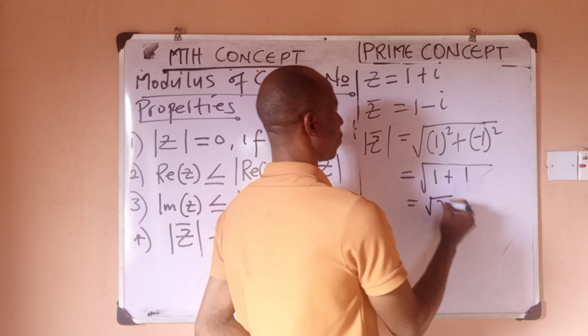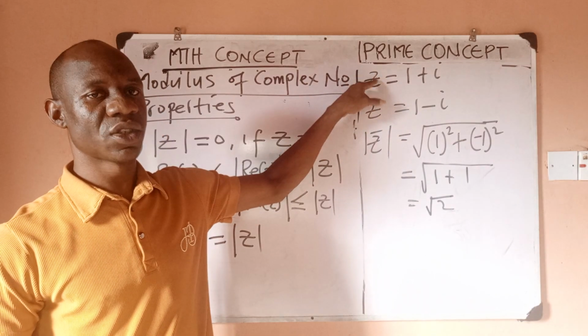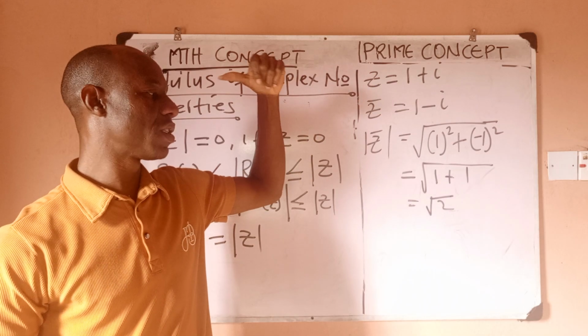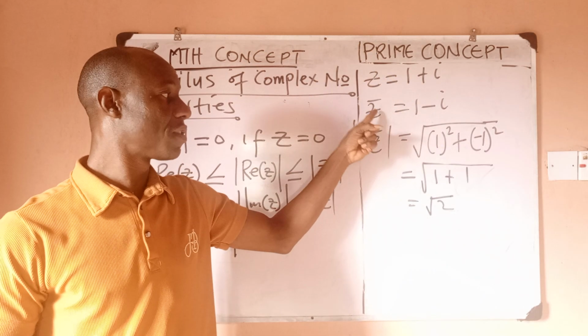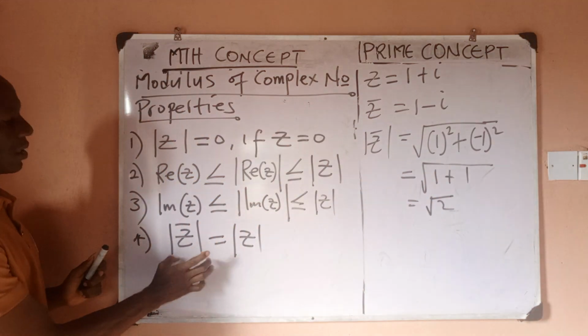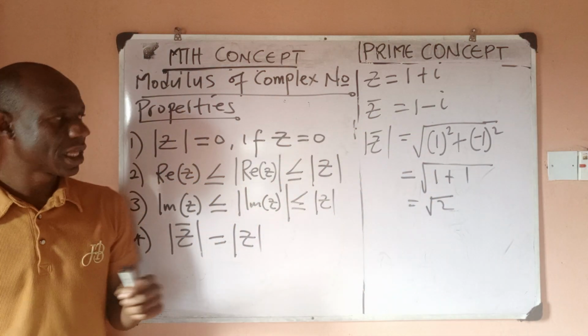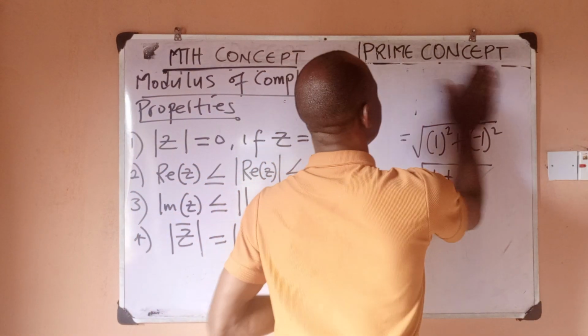So I'll have root 2. And you notice we've already found the modulus of z itself in our previous question, which is still root 2. So the modulus of z and the modulus of z conjugate are both root 2, which is the same. That's what this property is actually telling us. So that is property 4.